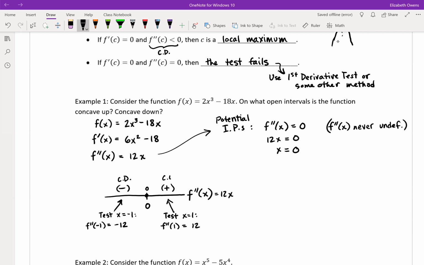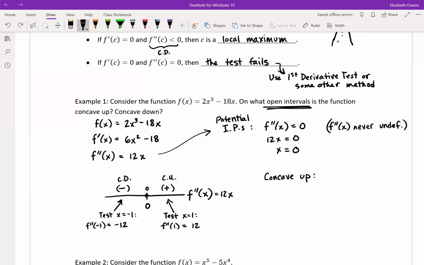And positive corresponds to being concave up. So we can label our intervals here. Places where the function is concave up is going to be over here from 0 off to infinity.